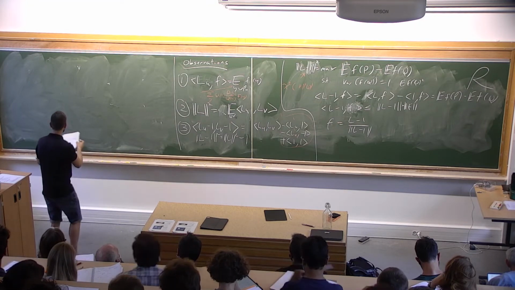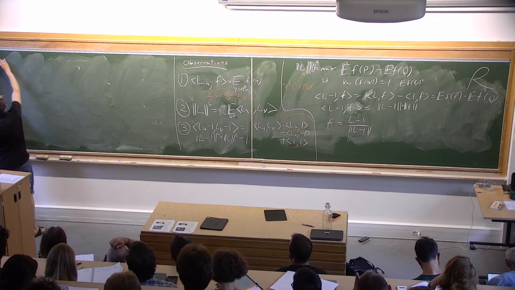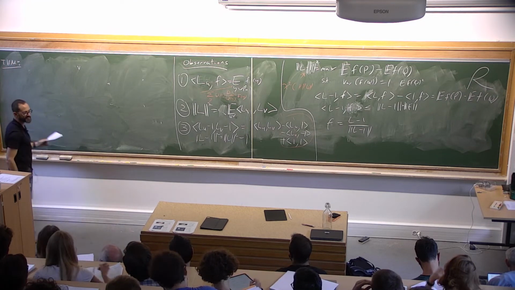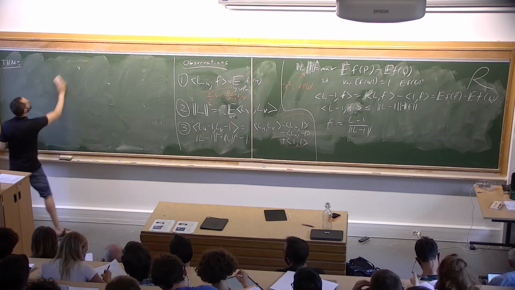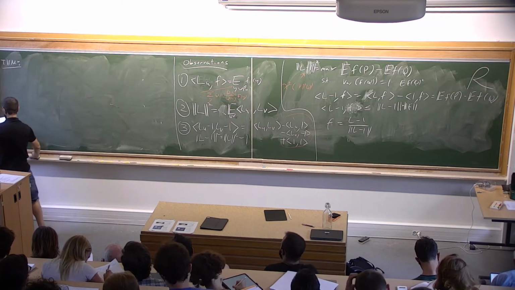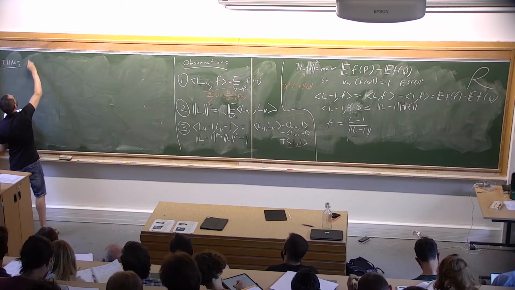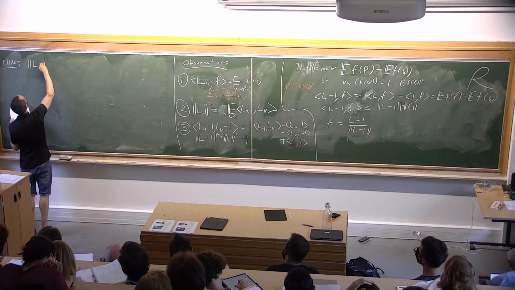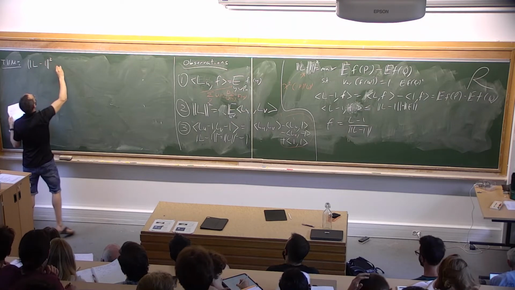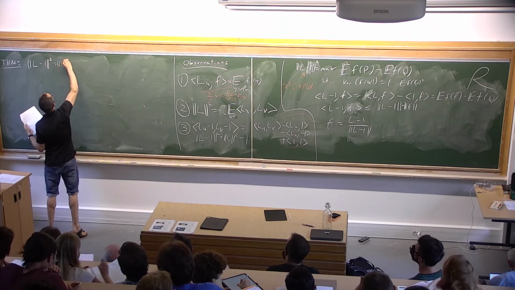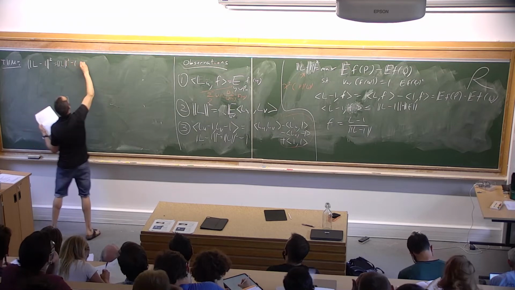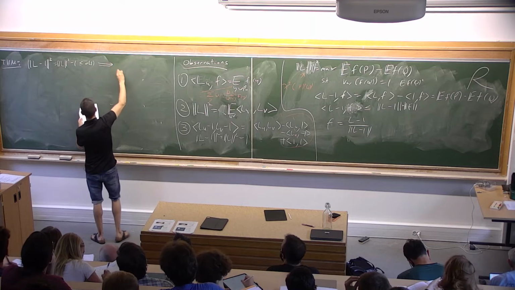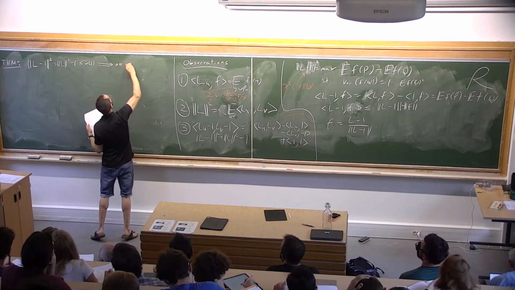But let me, so here is a theorem. I don't know if it's worthy of a theorem, but let's be generous. Basically it says the following: if L minus 1 is little o of 1, then there is no weak distinguisher.